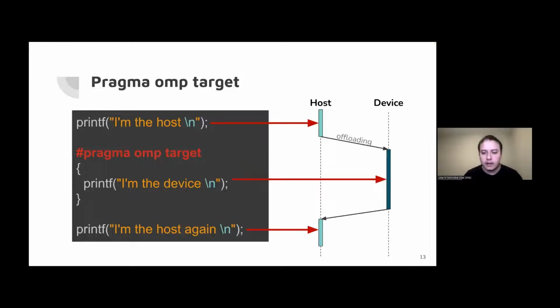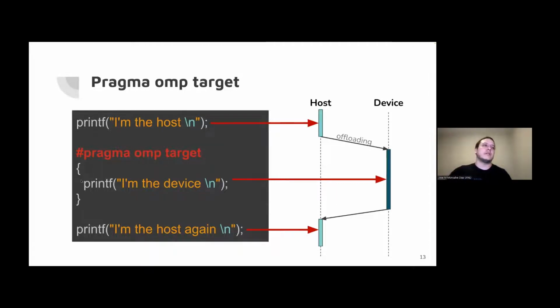Absolutely right, Isaac. OpenMP is in charge of, the compiler will translate the code. For example, in the code that I have in the slide right now, the region in between the pragma omp target beginning and end, like these two brackets, has to be translated to the device code, right?